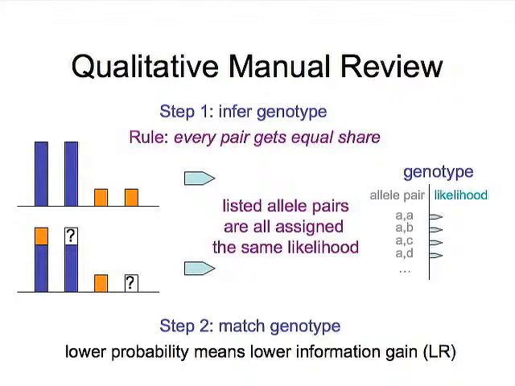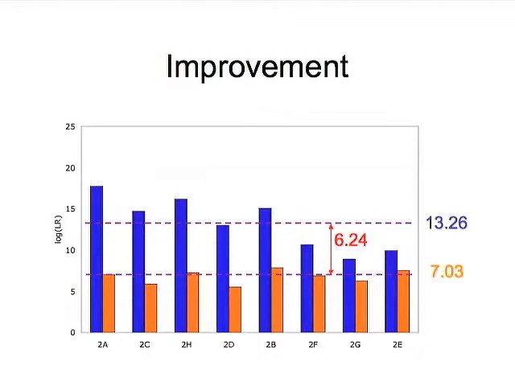What the data is trying to tell you is the correct answer, and you're just saying everything's the same. And the result is you lose information. As we showed, the information gain is related to how much increased belief you have in the genotype when you're done. If you're dispersing your belief among lots of impossible possibilities, then you end up with a lower information gain.